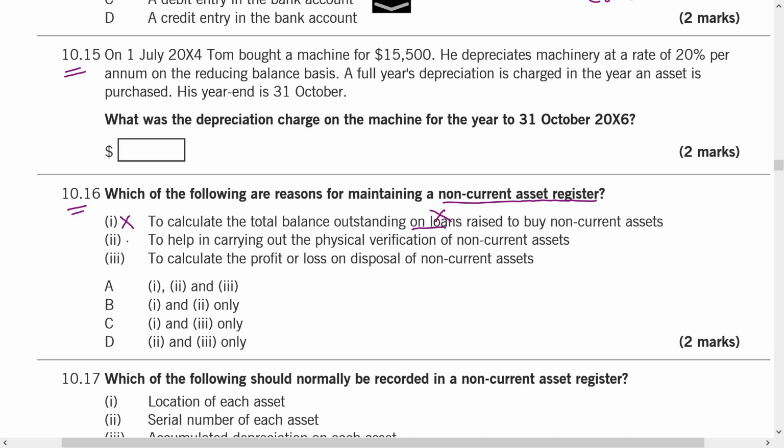And yes, it is one of the right reasons. We can compare physical assets with a non-current asset register. And finally, to calculate profit or loss on disposal of non-current assets, and it is also a correct option. So that means options 2 and 3 are correct, which is our option D.